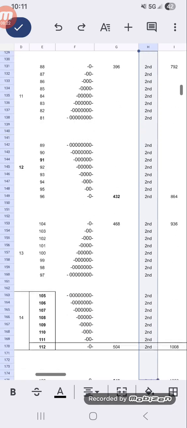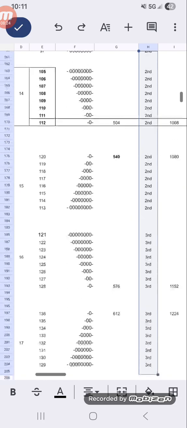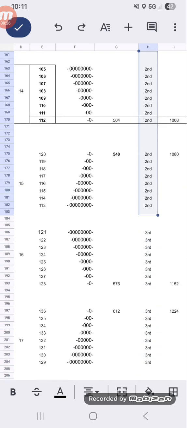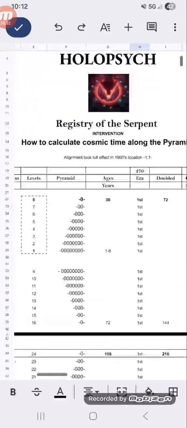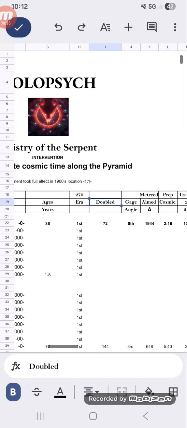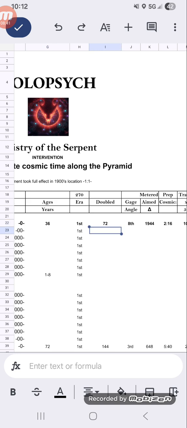And it will hit another 270, 270 years. And after that, it will move on into the third era. The double is the age or the years, pretty much doubled in power.